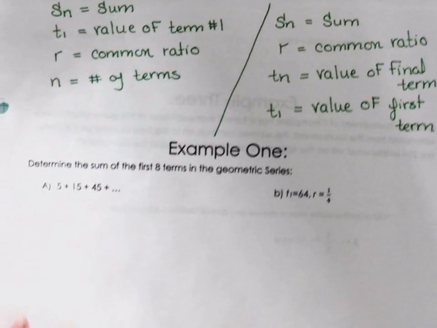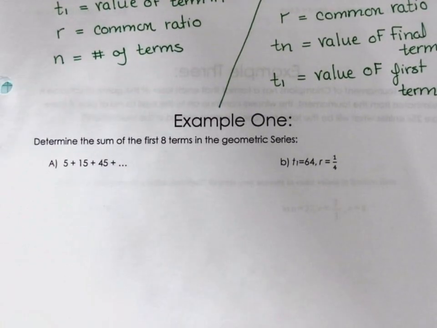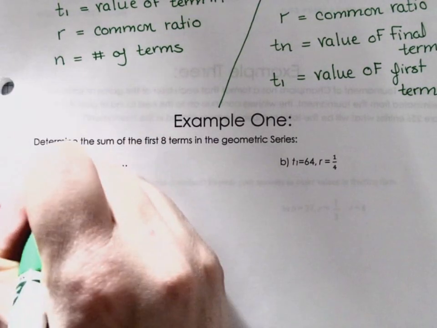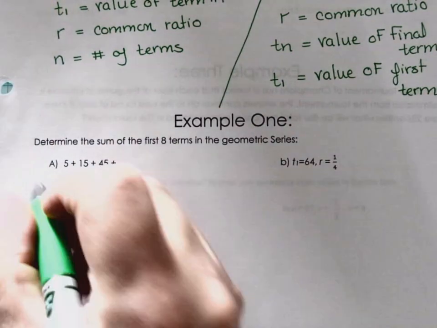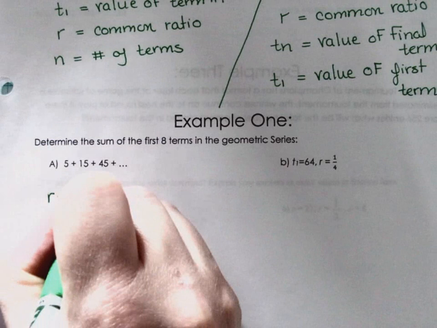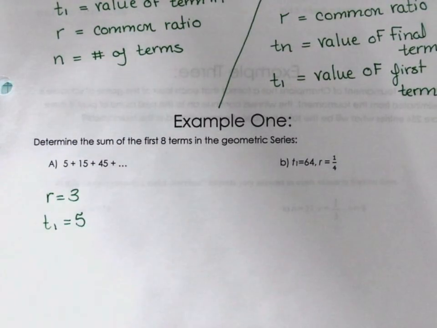Okay, determine the sum of the first 8 terms in these geometric sequences. Yes, that's good. So you just found the common ratio for that one. We know T1 is 5.